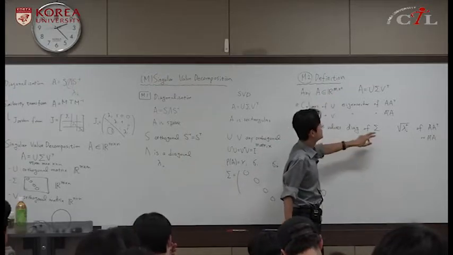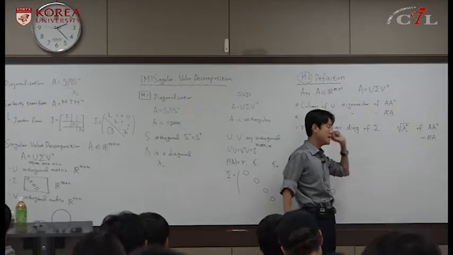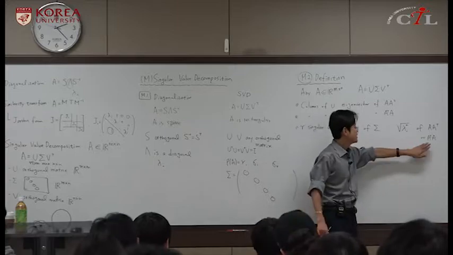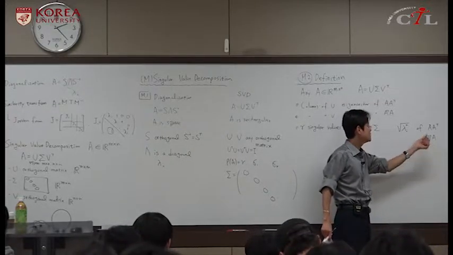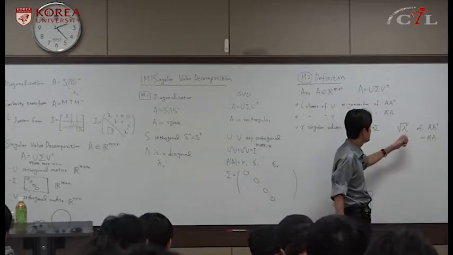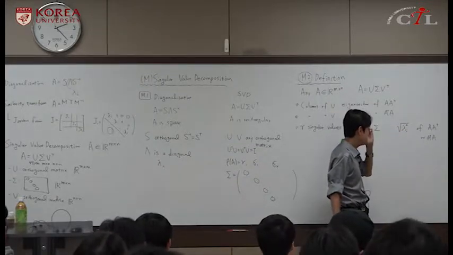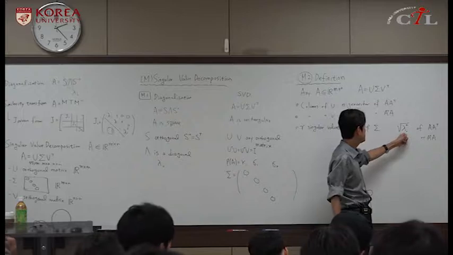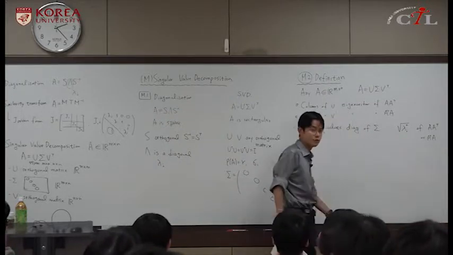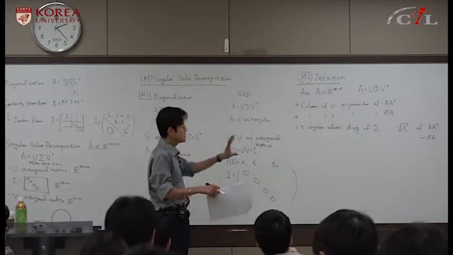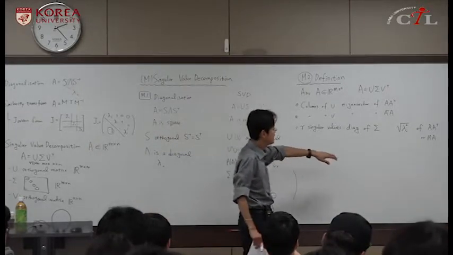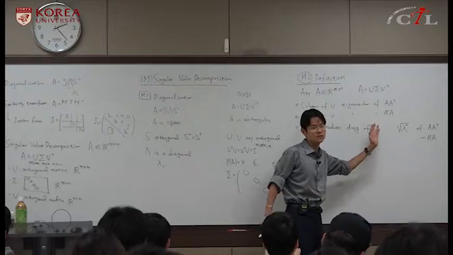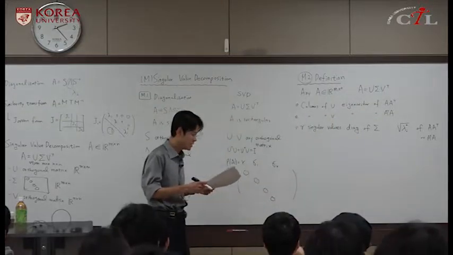A is rectangular, but A A transpose and A transpose A are square matrices. Also, these may have specific eigenvalues lambda, and the singular value is the square root of the eigenvalue. So its sign may be changed. If lambda is negative, it will turn out to be a positive singular value, something like that. The sign will be changed.